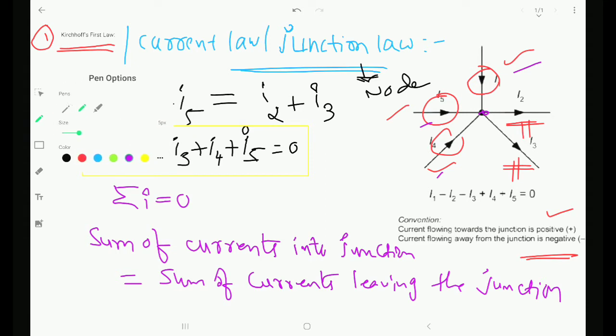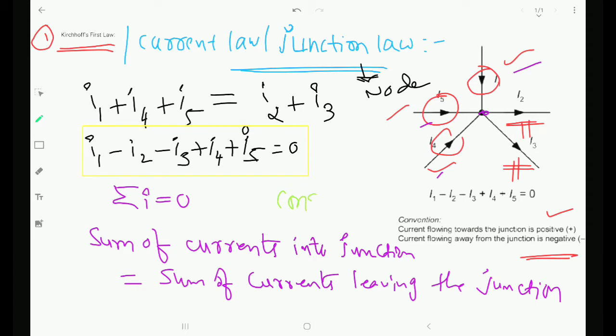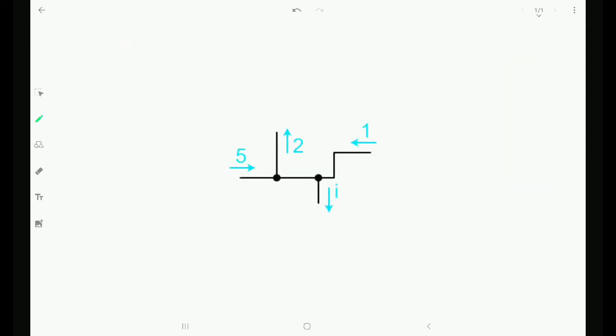Now see one more thing: this Kirchhoff current law or junction law is a consequence of conservation of charge. The total charge remains constant; charge can neither be created nor destroyed. The amount of charge flowing into the junction is the same as the charge leaving the junction. So how will the question be asked on this?